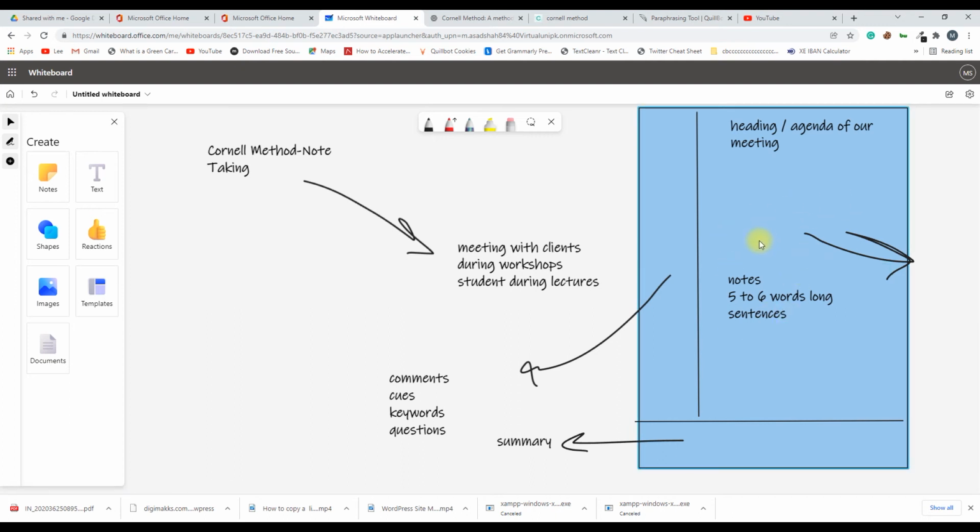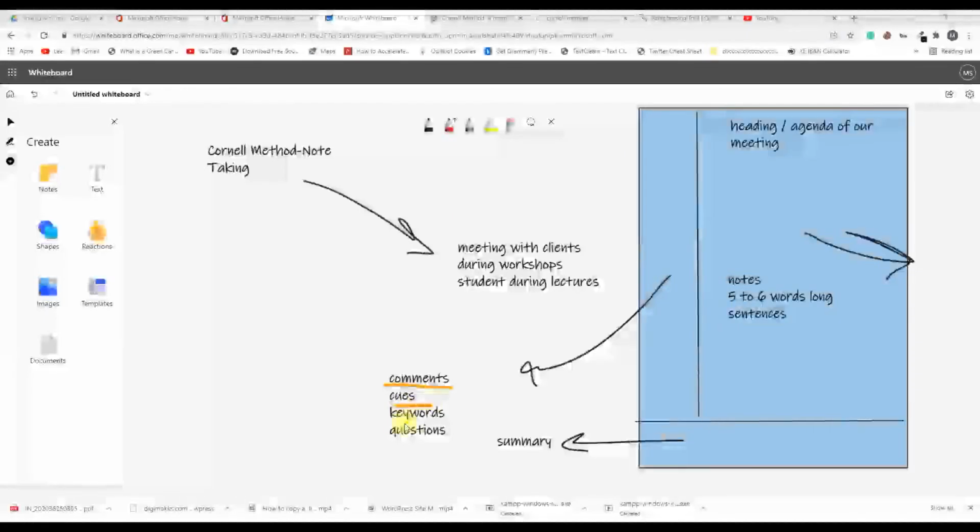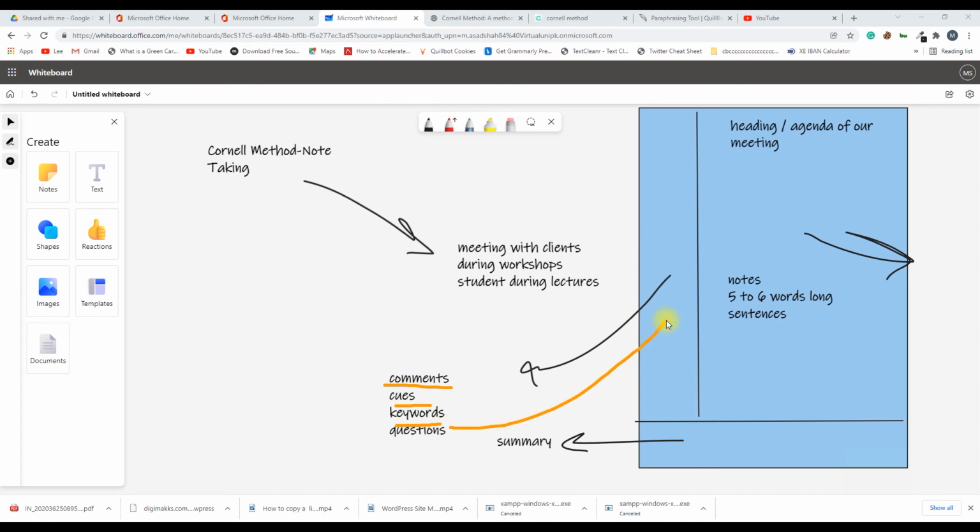After the information has been recorded and important keywords have been written over here, then we take a piece of paper and we hide the note taking portion with it, and then we review the comments, the keywords, the questions, and we try to answer these questions from the notes.